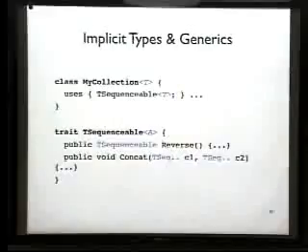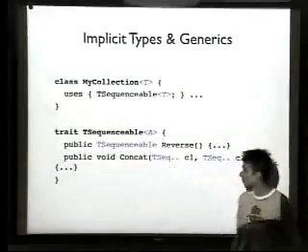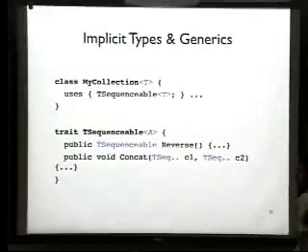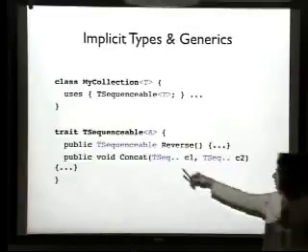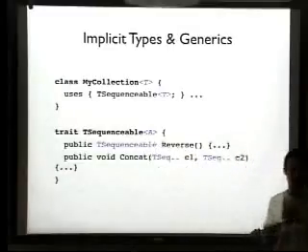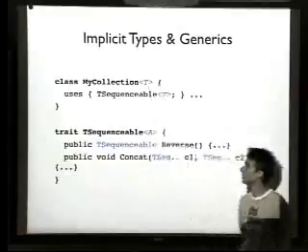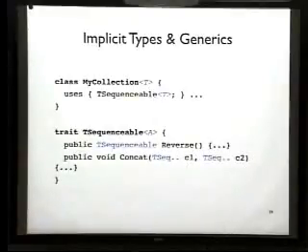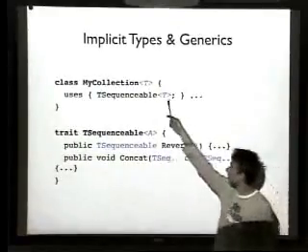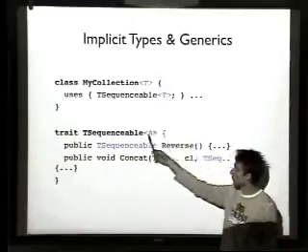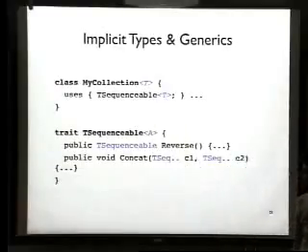Okay, another possibility could be implicit types. We define the same thing again, give a type parameter. However, now here we're using generics, so it's not a template-like trait anymore, but a generic trait. We're reusing the generic type of the class that is using that trait, so we can address these types in this trait here. That makes it very flexible.